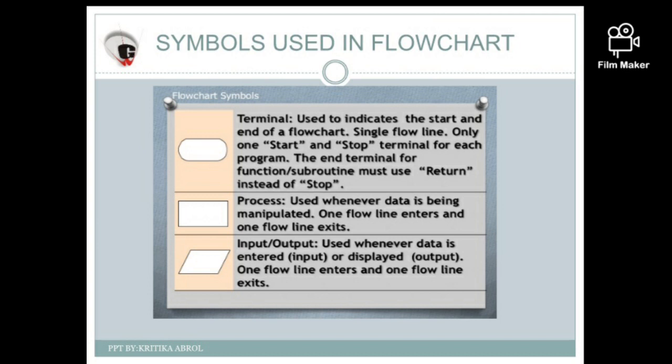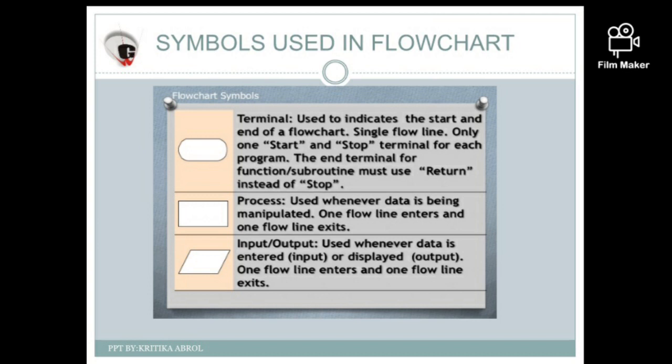The third type of box, that is a parallelogram shaped box, is the input-output box, that is used to provide input for performing processes, and once the processes are performed on the inputs, you need to write out the result somewhere. So how to write the result?